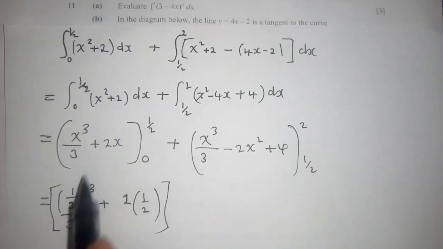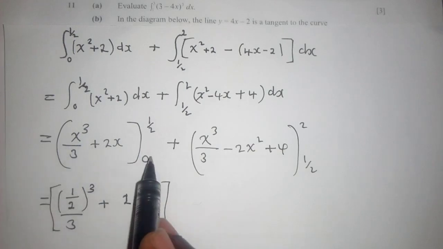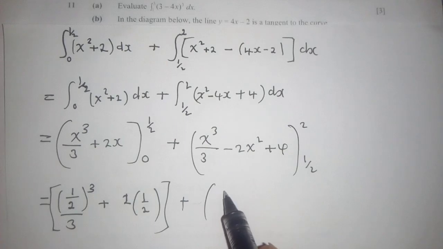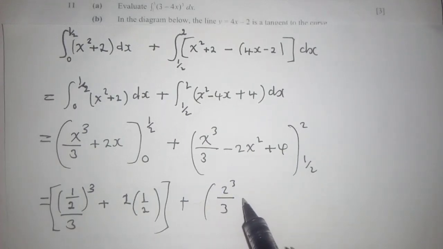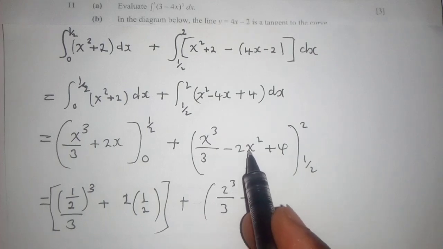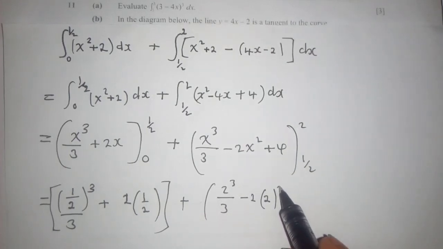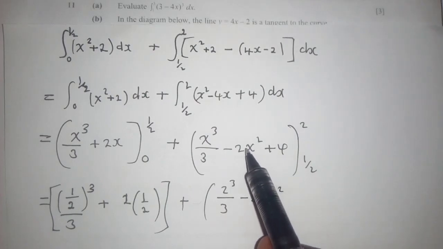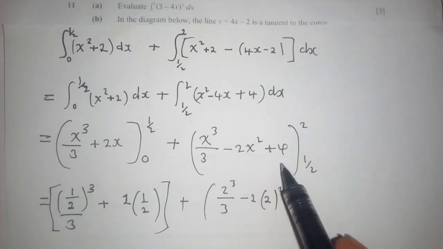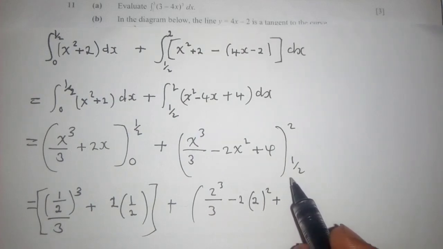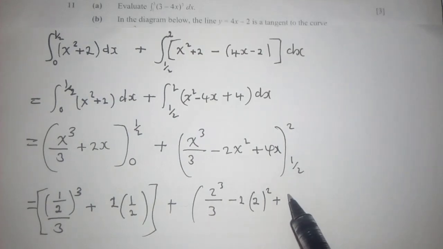For the first one, we're done here, because if we put a 0 here, it will just be 0, and here it will be 0. Here, put a 2, minus 2 there, 2 power 2. Here it's supposed to be x, 4x.